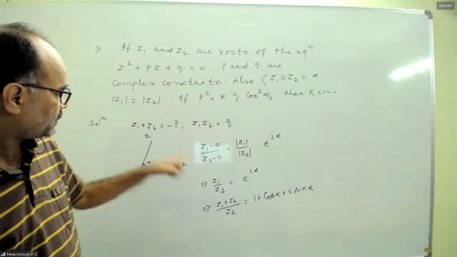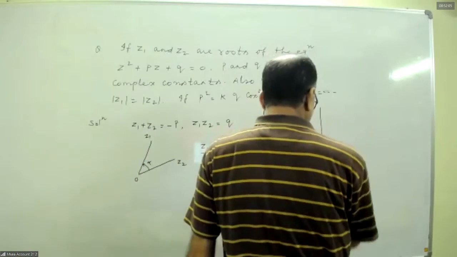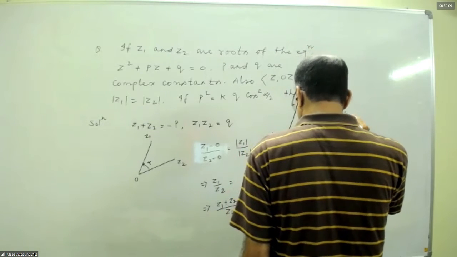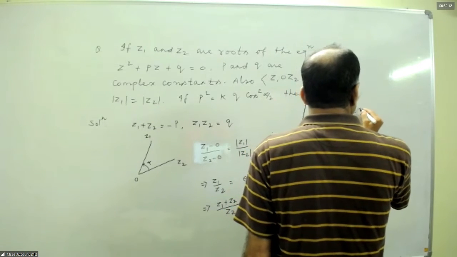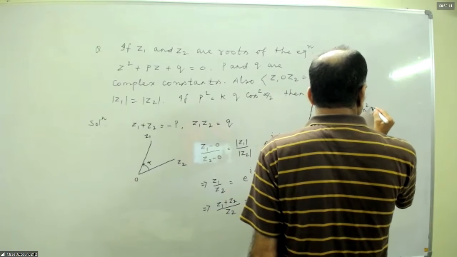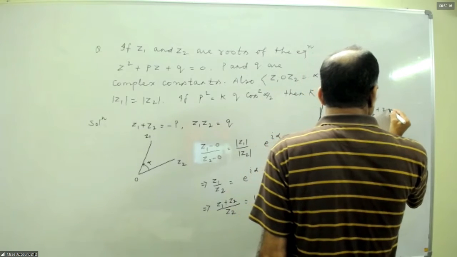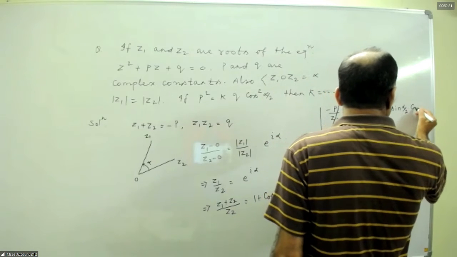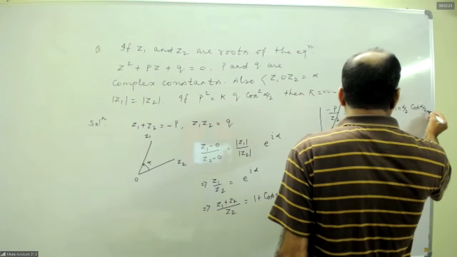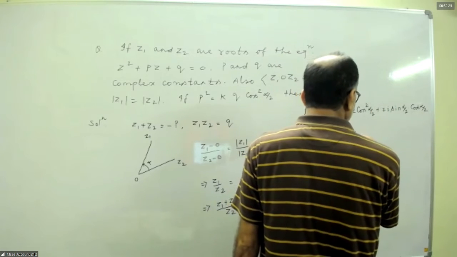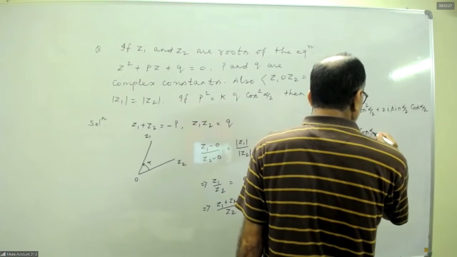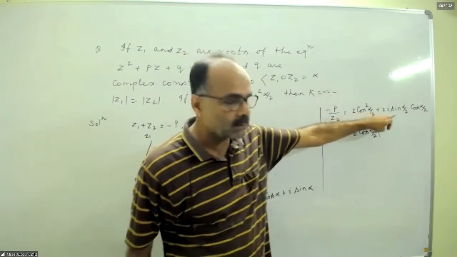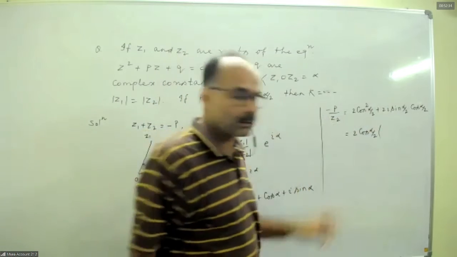Now Z1 plus Z2 is minus P, so minus P by Z2 equals 2 cos square alpha by 2 plus 2I sin alpha by 2 cos alpha by 2, equals twice cos alpha by 2 outside. We are left with cos alpha by 2 plus I sin alpha by 2, that is e to the power I alpha by 2.